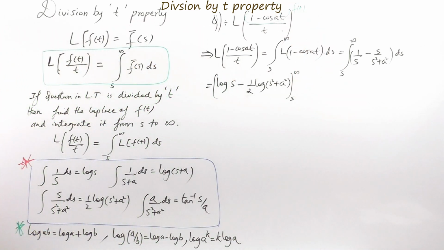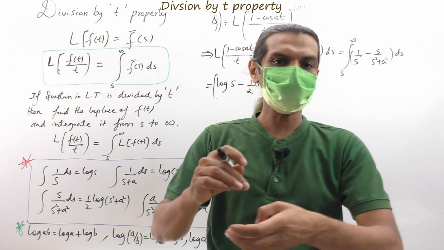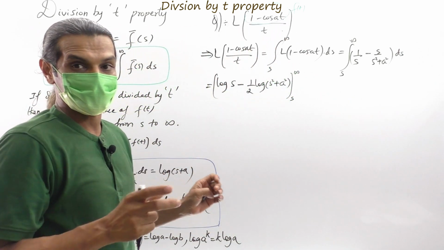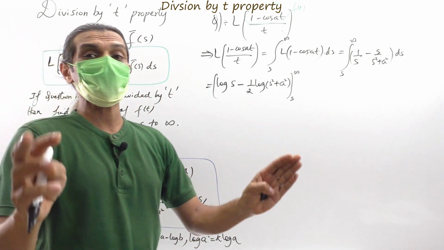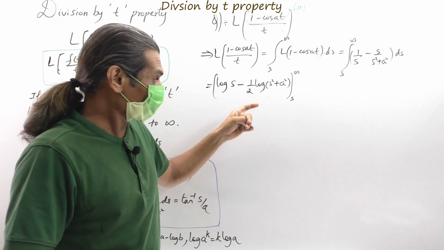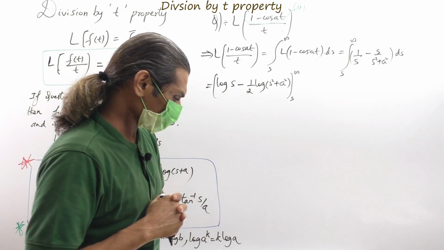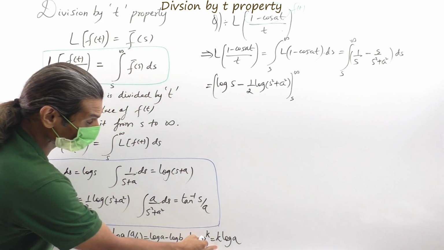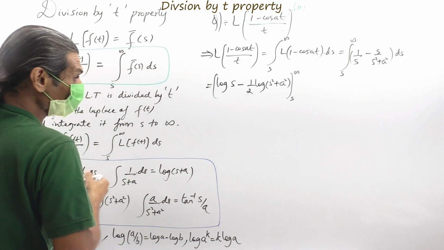Fine. So, here I can apply log a minus log b, but I cannot apply it directly. Why? Because it is not standard. Only log a minus log b is log a by b, but here there is an obstruction, here is 1 by 2. I cannot apply the logarithm rule here. So, what to do? See, you know, log a raised to k is k log a.